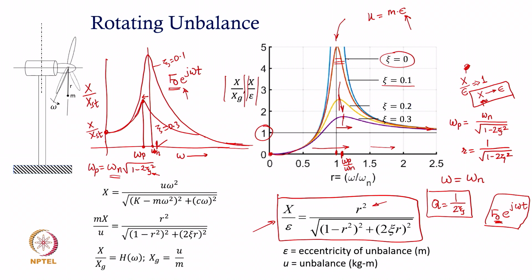Now, what is the process of reducing epsilon, the unbalanced eccentricity? It is to balance the rotor, right? That is what we practically do. Practically, we try and balance the rotor by reducing the offset of the mass center from the geometric center or the rotational axis.